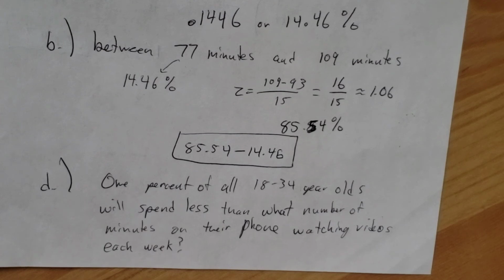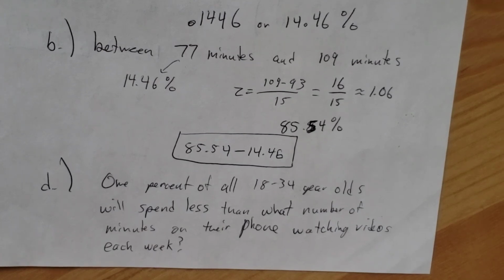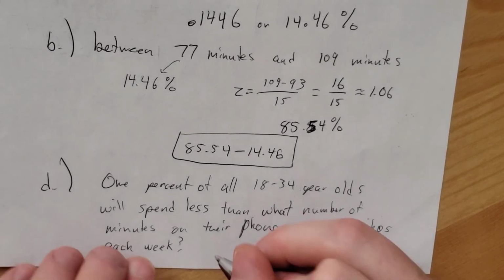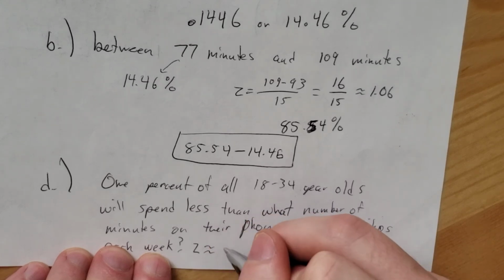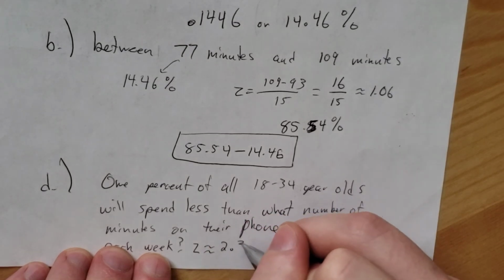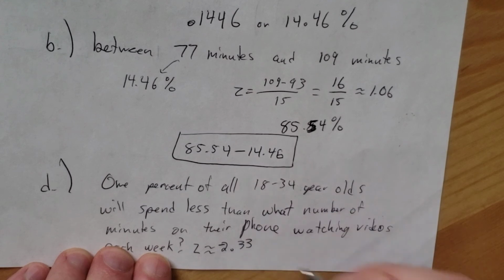And it looks like we run into 0.0099 at negative 2.33. So the z-score for this is approximately negative 2.33.